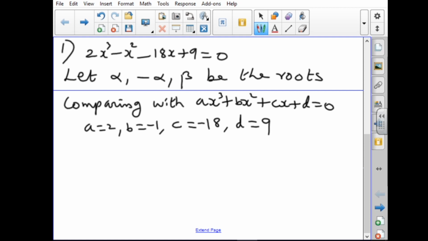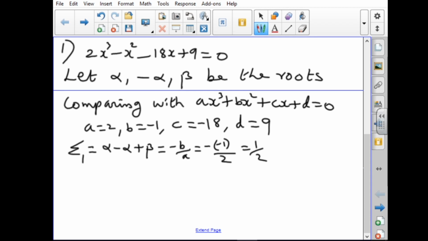Here, what is sigma 1, the sum of the roots? Alpha minus alpha plus beta is equal to minus b by a, which is minus of minus 1 by 2, so it is equal to 1 by 2.